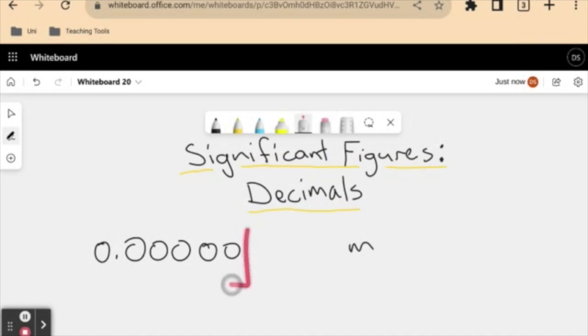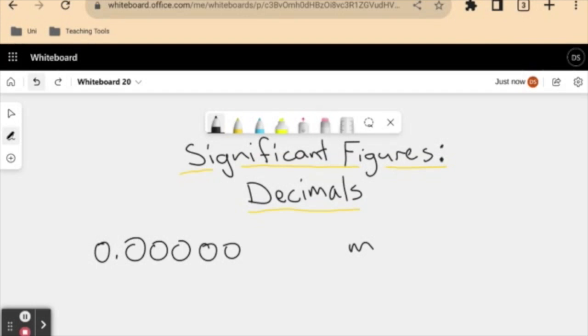This thing here is not really telling us too much, because a zero is redundant, right? These zeros could go on forever. And this figure won't be significant. Well, this measurement tells us nothing until we throw in some non-zero figures.